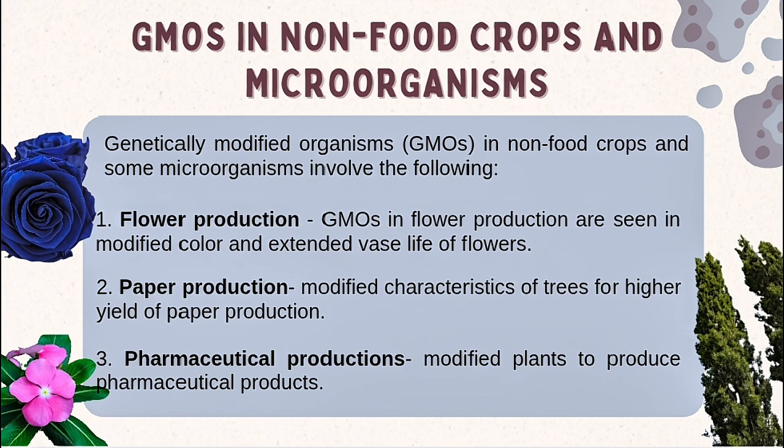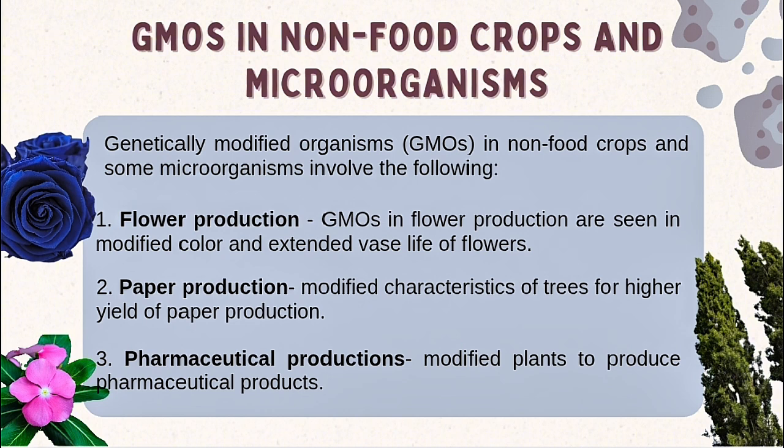We mean organisms that are genetically modified not for eating, but for other useful purposes, such as making better flowers, producing more paper, or creating medicines, and so on. Let me explain each one in detail.